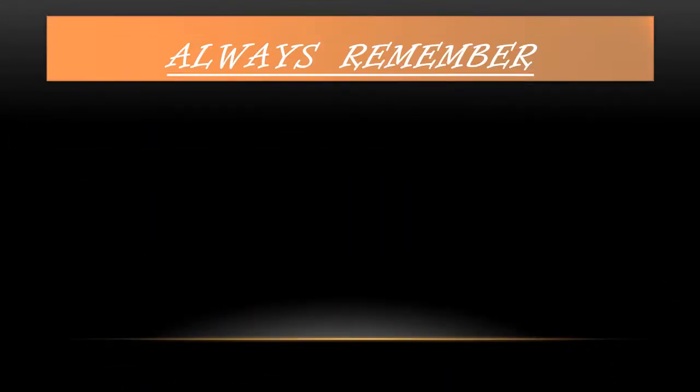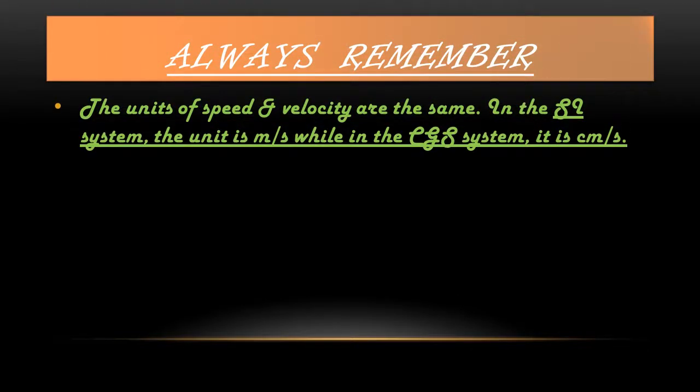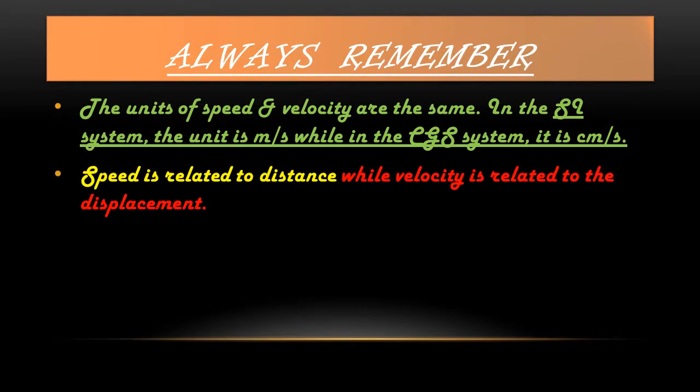Now here are some points which you should always remember. The units of speed and velocity are the same, and in the SI system the unit is meter per second. That means the unit of velocity as well as speed is the same. In the SI system it is meter per second, while in the CGS system it is centimeter per second.